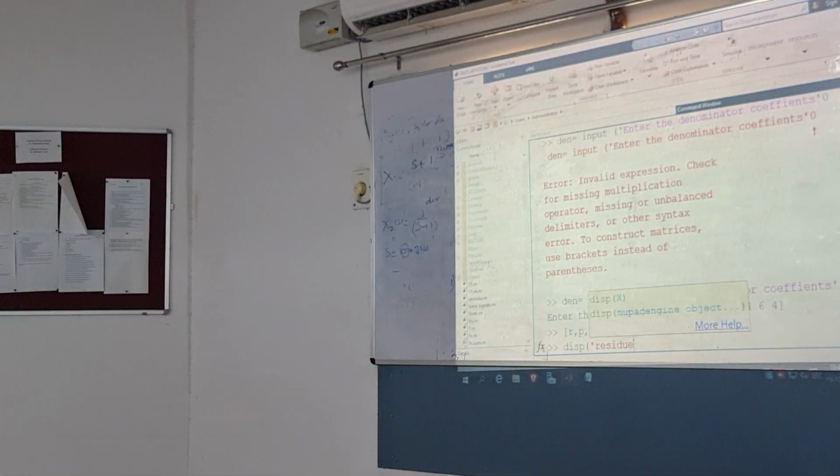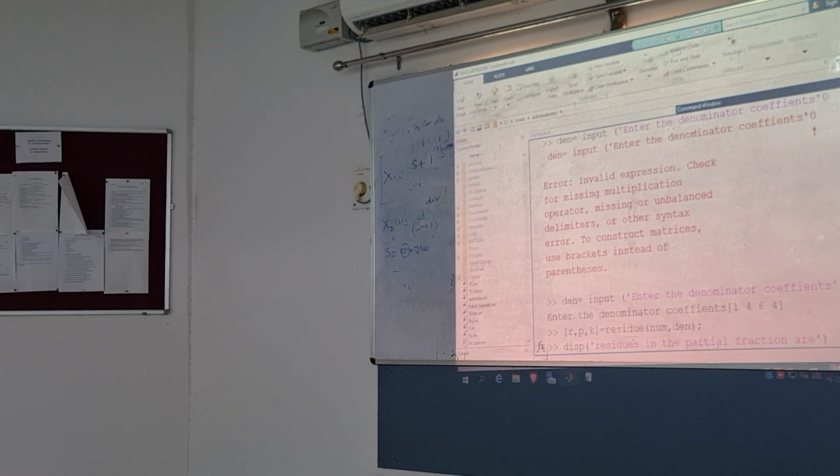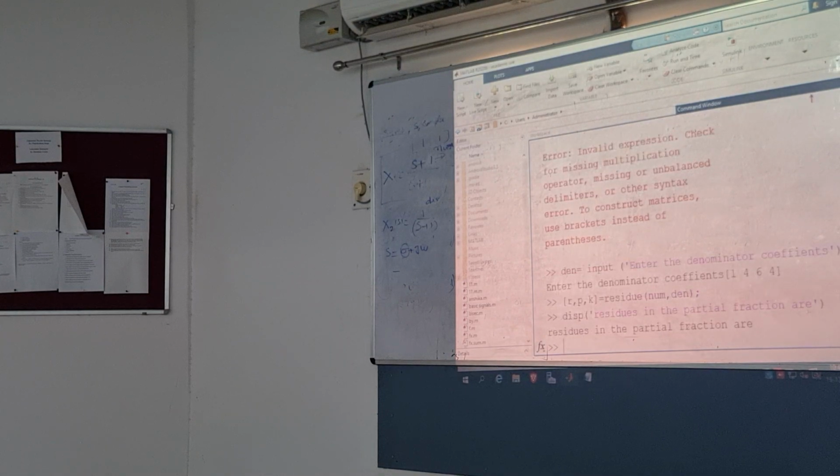Display the value. DSP is the display, DS residue in the partial fraction. Bracket is closed. Enter.